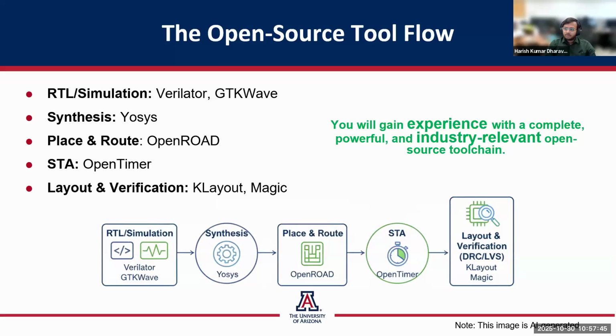So let's talk about the open source tool flows. We are using Yosys for the first three design phases, which is related to synthesis. Then in design phase 4, we are going to be using Verilator, Yosys, and OpenROAD for the chip tape-out altogether.